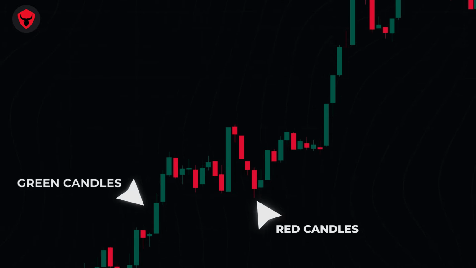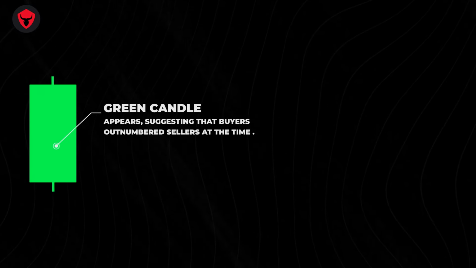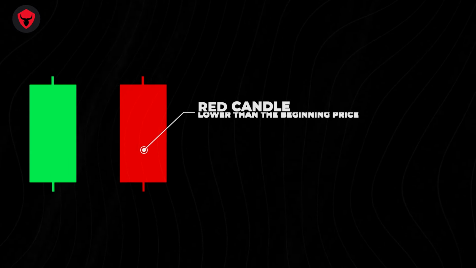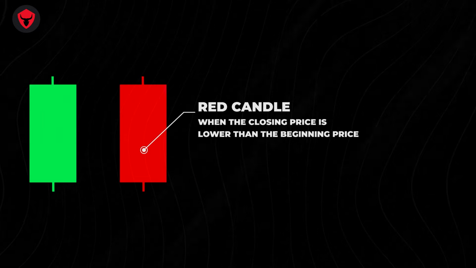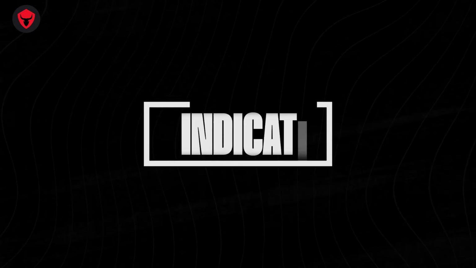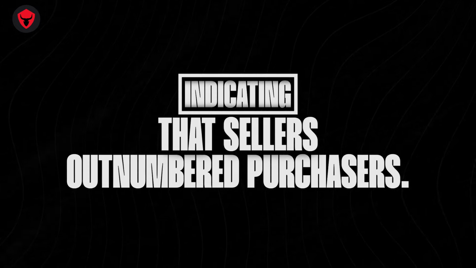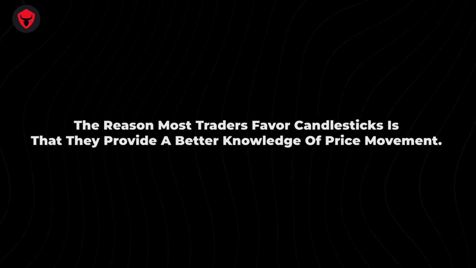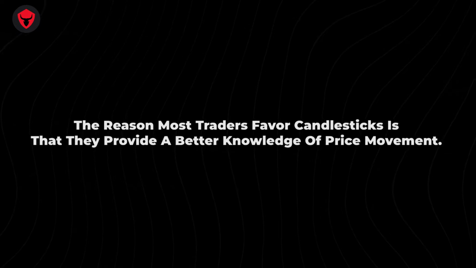When the closing price exceeds the beginning price, a green candle appears, suggesting that buyers outnumbered sellers at the time. In contrast, a red candle forms when the closing price is lower than the beginning price, indicating that sellers outnumbered purchasers. The reason most traders favor candlesticks is that they provide a better knowledge of price movement.